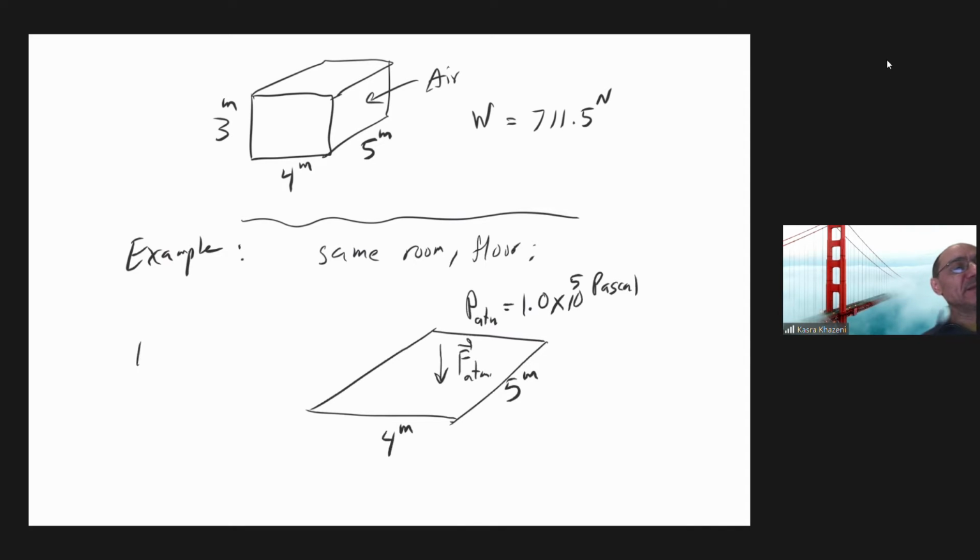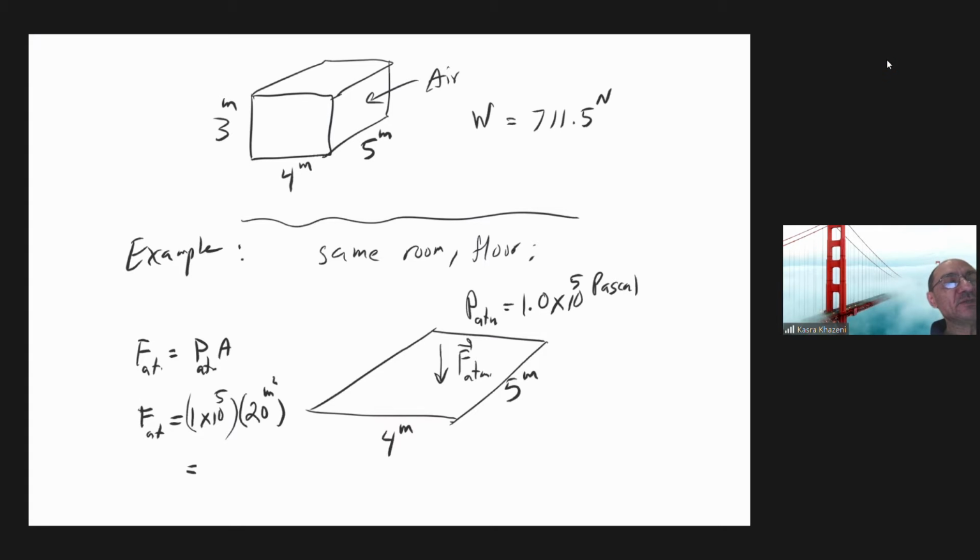And we can calculate the amount of that force, which is simply P of the atmosphere times the area it is applying on. So that is 1 times 10 to the 5 pascals times the area, which is 20 meters squared. Okay, pushing down.